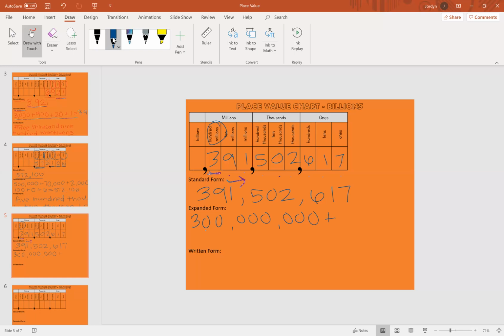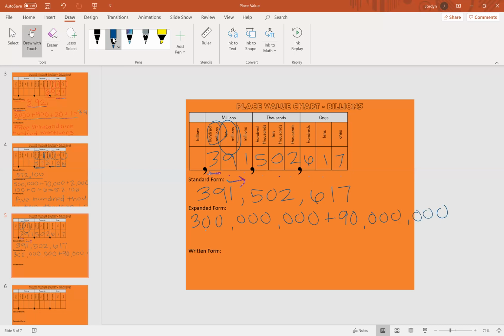The next place value is this 10 millions, which we have a 9. So how much is 9 10 millions? Well, we don't say 9 10 millions. How much are 9 tens? 9 tens are 90. So that would be 90 million. Wow, look at all those zeros.